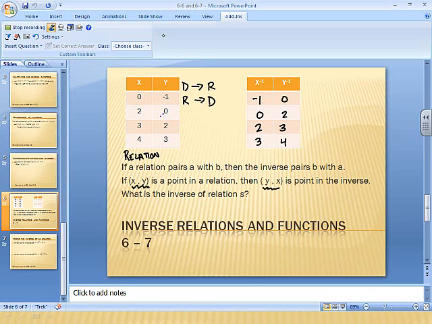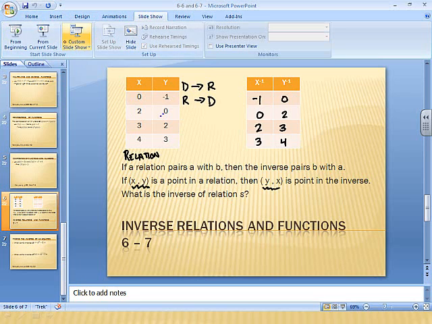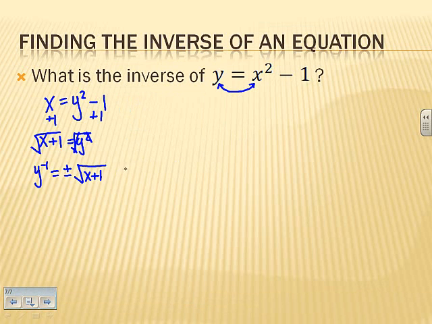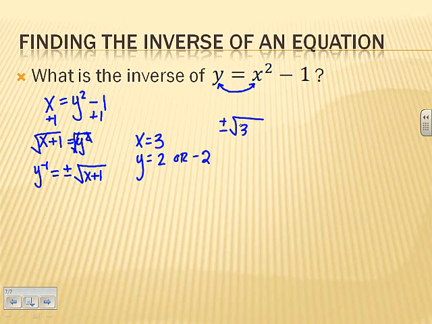So when x equals the value 3, then y will equal 2 or -2. And that's found by doing plus or minus the square root of 3 plus 1. Every x value can only have one y value, otherwise it is not a function.